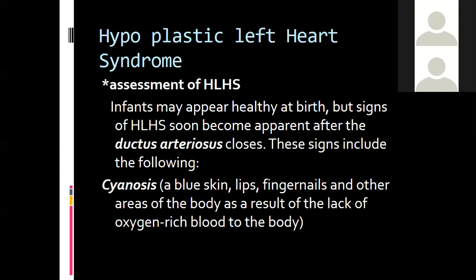Lips become blue, and the fingernails show cyanosis. This can occur in other parts of the body because of the mixing of deoxygenated blood, which accumulates in the body parts. They become cyanosed in hypoplastic left heart syndrome.